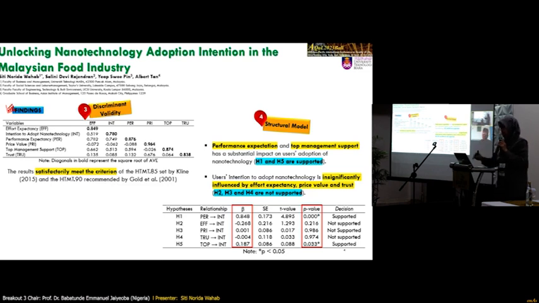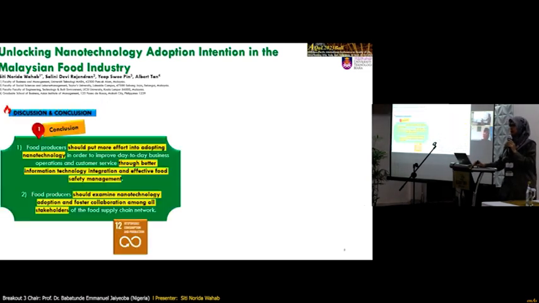In the paper, we explain in detail why these three are not supported, because of the issue that we explained earlier. Okay, so the discussion and conclusion that we found is that in Malaysia, because this is a case of Malaysia, food producers should put more effort into adopting nanotechnology, because when they adopt it they are going to be better at managing food safety, which nowadays has become a very big issue.